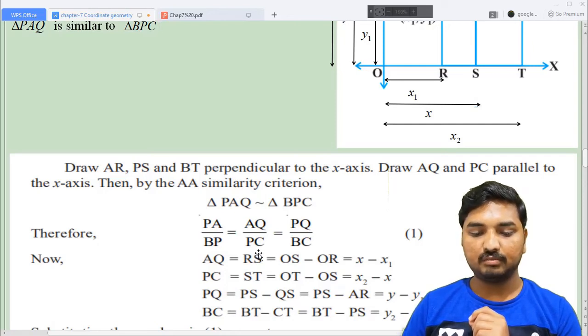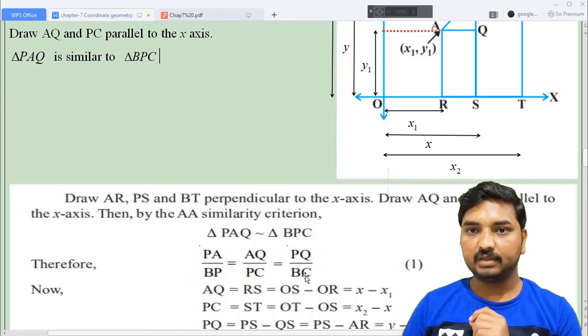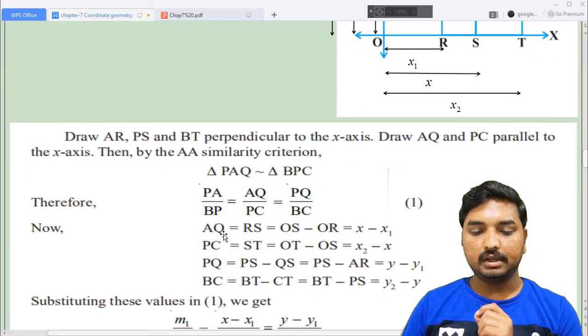These are the corresponding sides. PA, corresponding side BP, so PA by BP is equal to AQ by PC, corresponding side, equal to PQ by BC. The ratios of corresponding sides are equal. Then you need to calculate AQ, PC, PQ, BC.